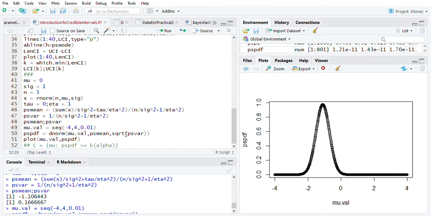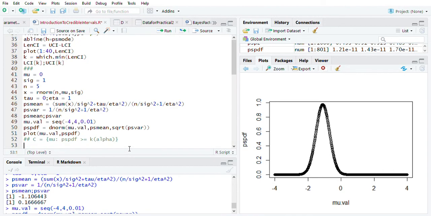We are looking for a set C which contains all those mu's such that the posterior PDF at these points will be at least as large as K. So let us choose alpha, say 0.05, which means we are looking for a 95% credible interval. So this K is going to depend on alpha. So what can be the value of K?